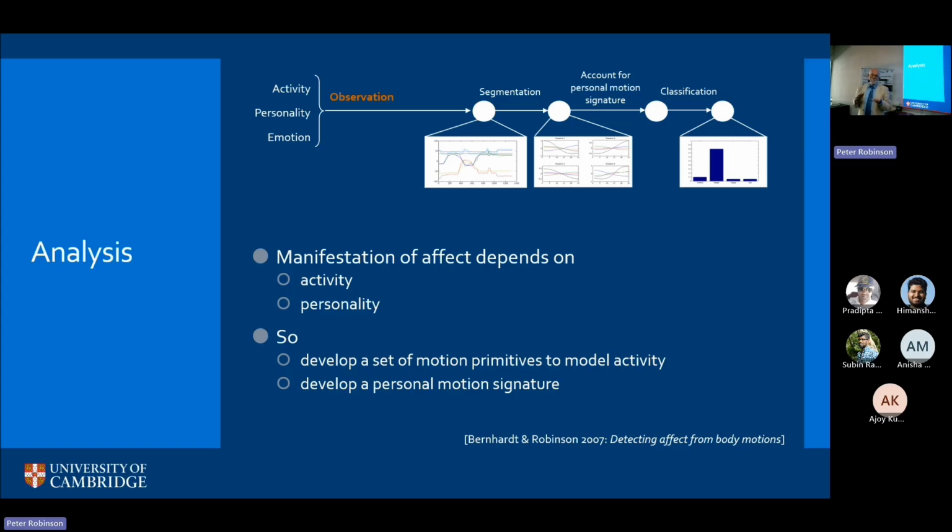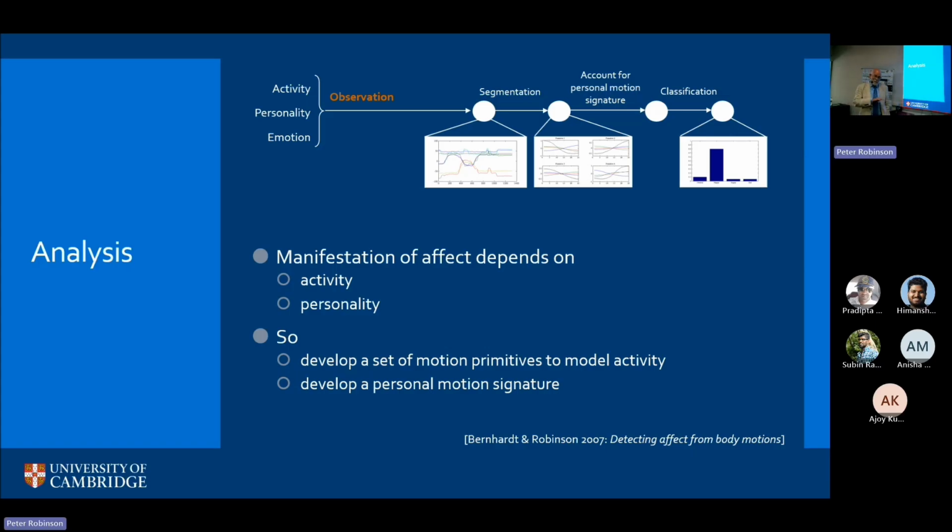And in some contexts that might be useful, but we were trying to look for systems that generalized across the population and were non-invasive. So this is using model tracking technology, non-invasive, but it is something you have to retrain the system on each individual. And they have a personal motion signature, and you can then look for the variations.